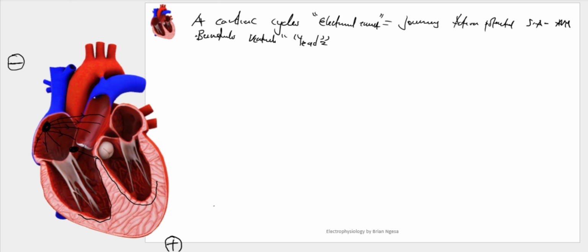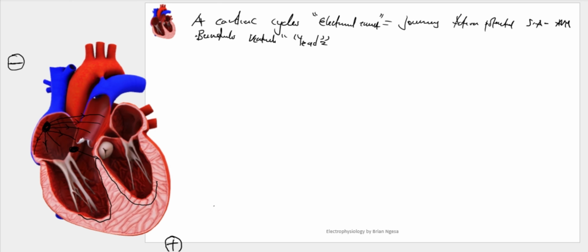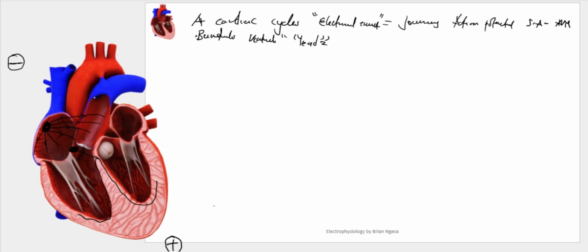We say that this is a syncytium, likely to contract as a unit because of the gap junctions or the intercalated discs that we examined in our previous section. So we are seeing the way the depolarization wave is moving.